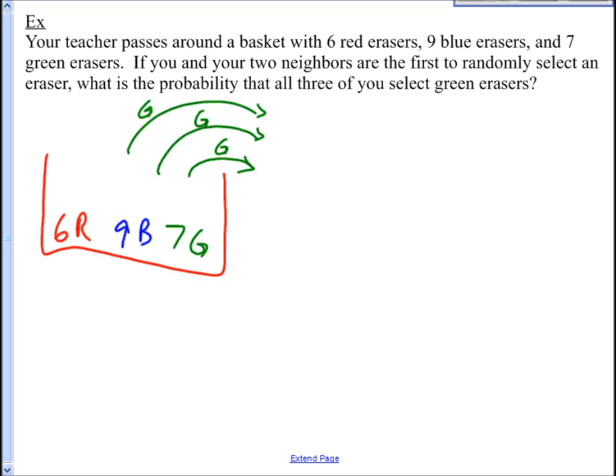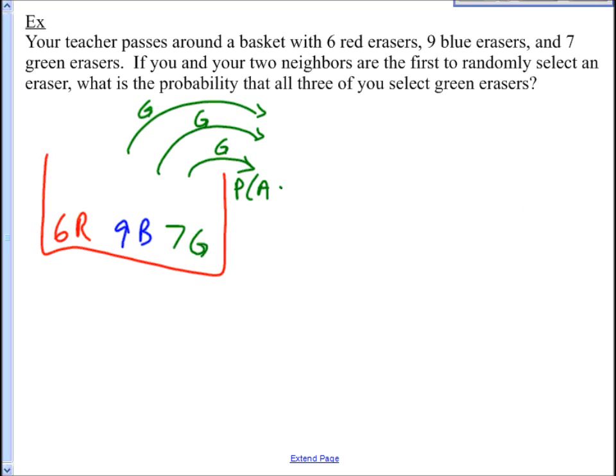Okay, so probability of A, and I can write this out generic here, A and B, and you actually have a third event, C. Let me write this a little better here.